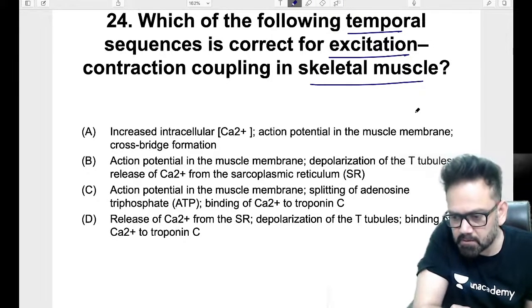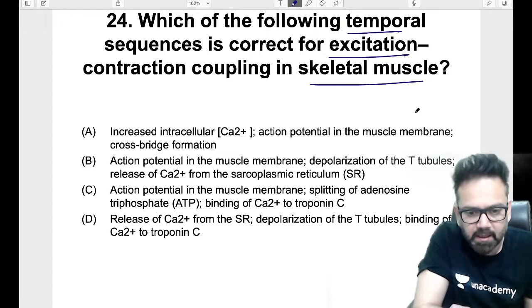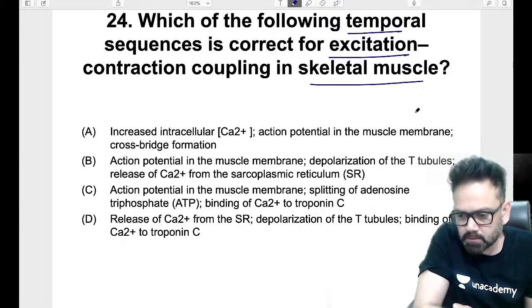Yes, Avinash, Moksh: B. Action potential in the muscle membrane, depolarization of the T tubules, release of calcium from the reticulum. Okay, good. Aman Agrawal, B.